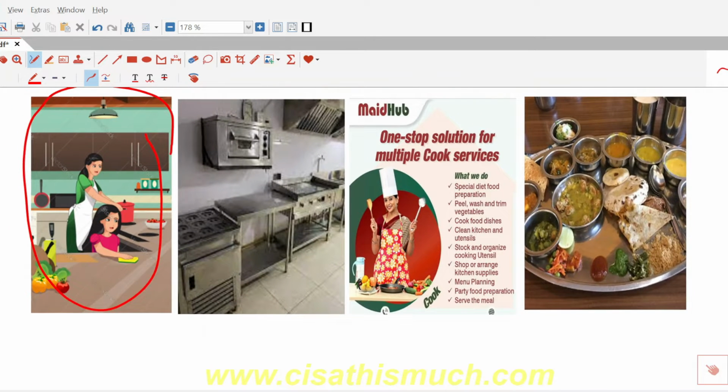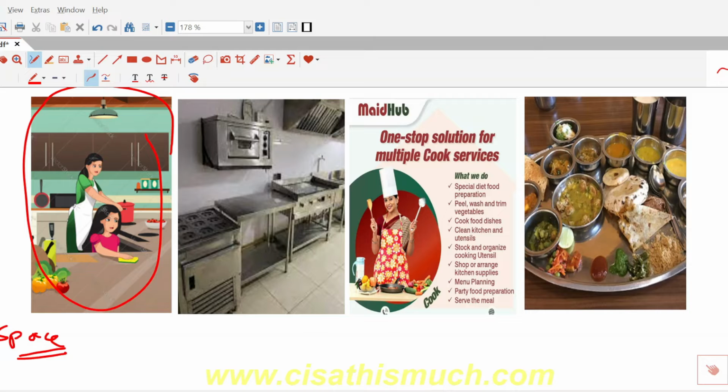When the mother is preparing the food in the kitchen for the entire family, who is responsible for managing the space, the infrastructure? Who is responsible for managing the kitchen? When I say the space, when I say facility, when I say the infrastructure, I am talking about the physical space of the kitchen premise. Who is responsible for managing that?